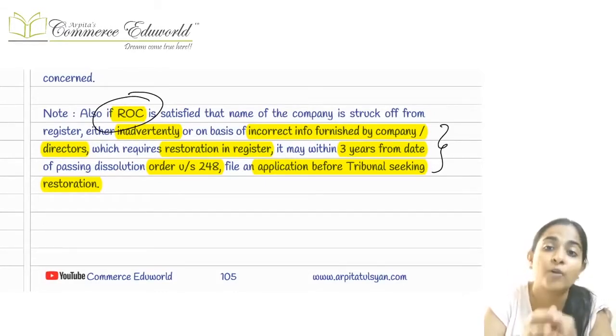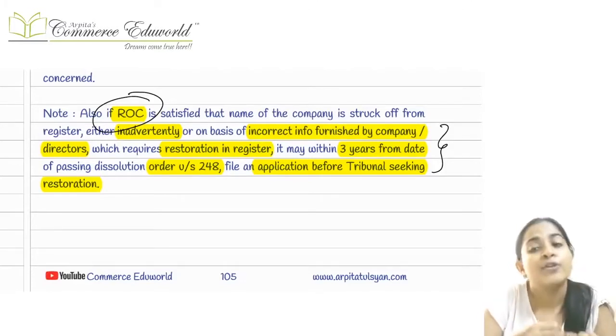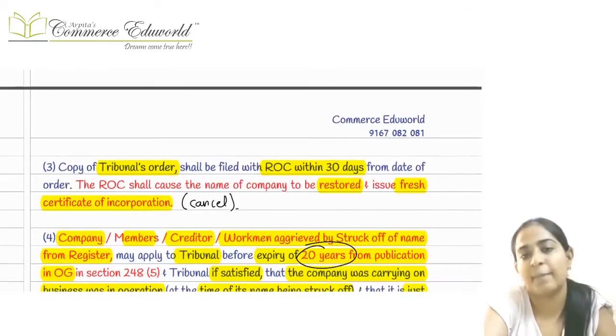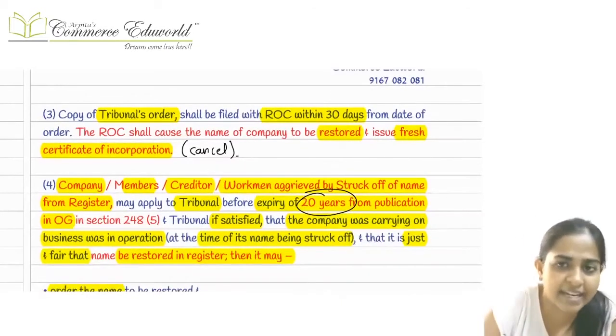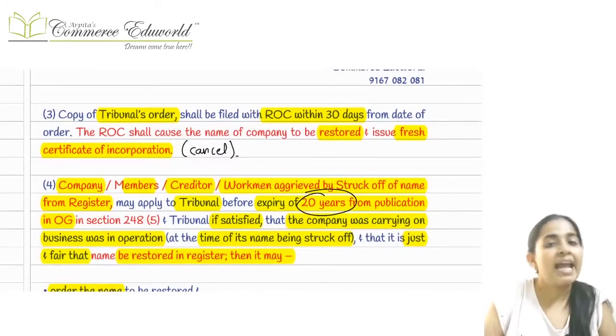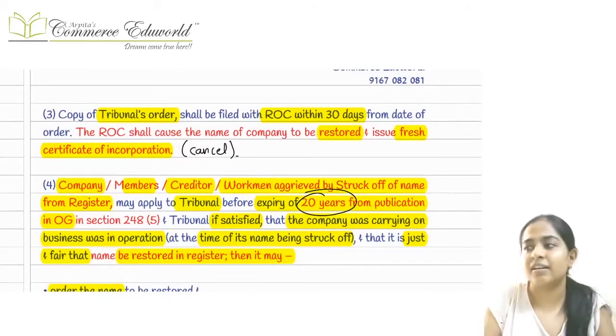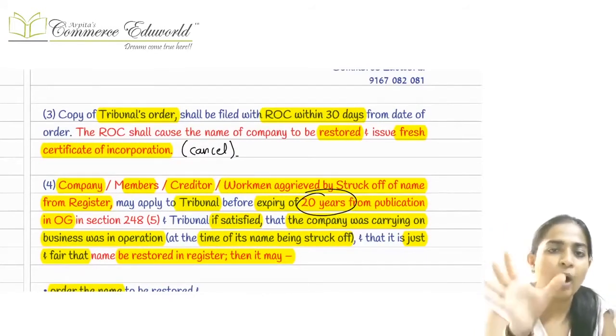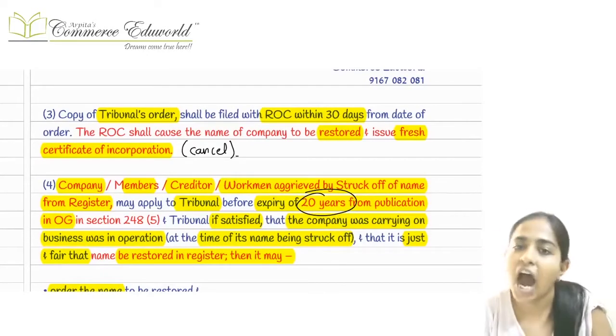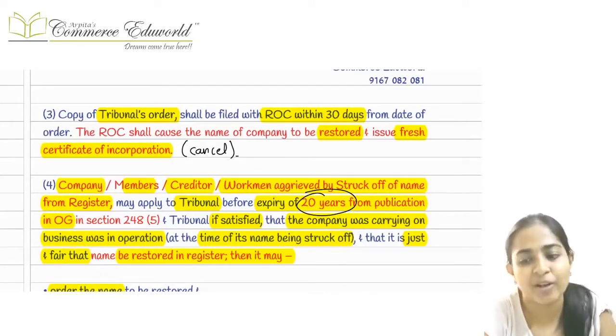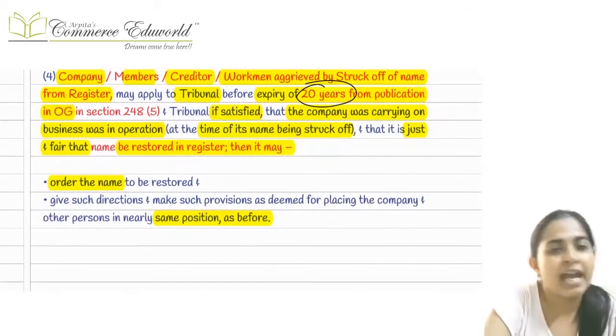In the second one, ROC itself realized its own mistake. So it is going and making an application within a period of 3 years. If the tribunal is satisfied, it will order the name to be restored. And once the tribunal's restoration order is out, then we have to go and submit it with the ROC. As usual, everything has to be submitted to the ROC within a period of 30 days.